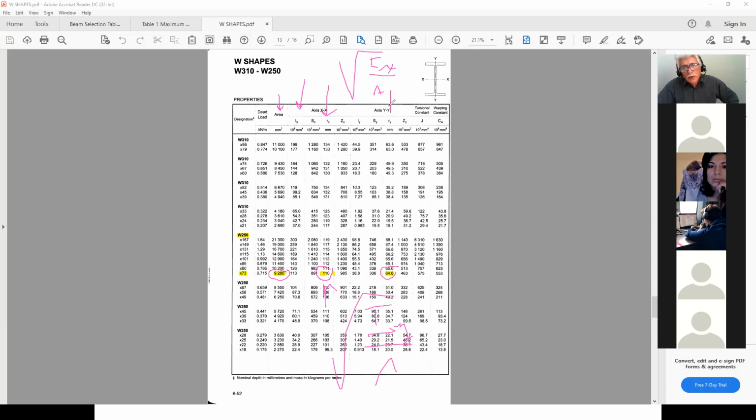And that's why the radius of gyration about Y is always weaker. In other words, it's not as strong. The Y value here, 38 as opposed to 113, is always smaller. That's why we call this the weaker axis, because the radius of gyration goes into the denominator, it gives you a bigger slenderness ratio, and that's why it becomes a weaker plane.